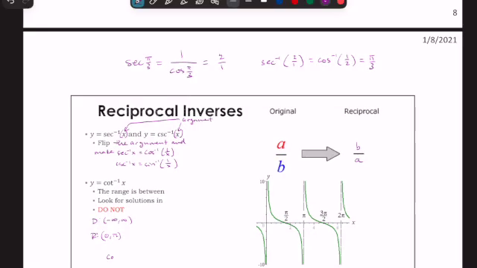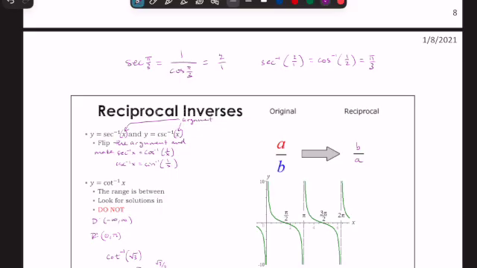If I have cotangent inverse of, not pi over 3, of root 3, well, cotangent of x is equal to root 3. That would be root 3 over 2 over 1/2.